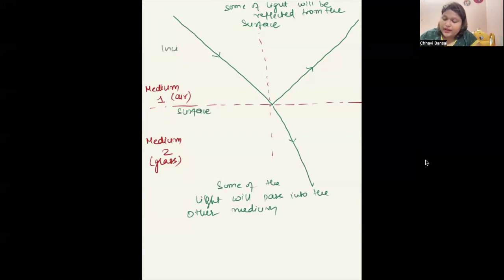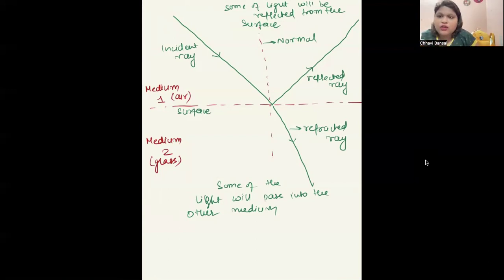Okay. So this is the surface. This is the incident ray. Incident ray is a light which comes. Now, this is the reflected ray because it has bounced back into the same medium, and this is the refracted ray. And this dotted line is the normal. Now, what do I mean by ray? See, when there are multiple light particles traveling in a straight line, it forms a ray.